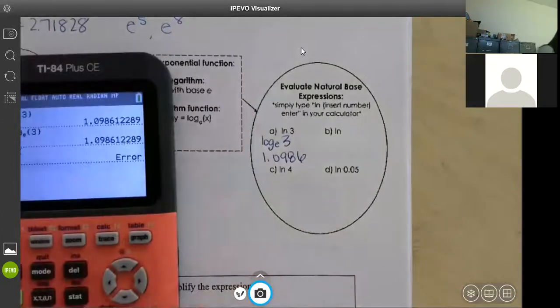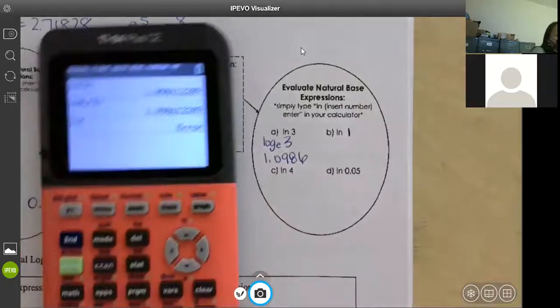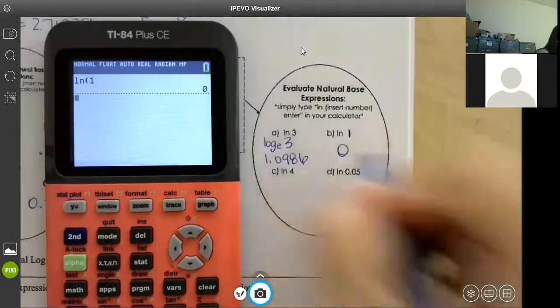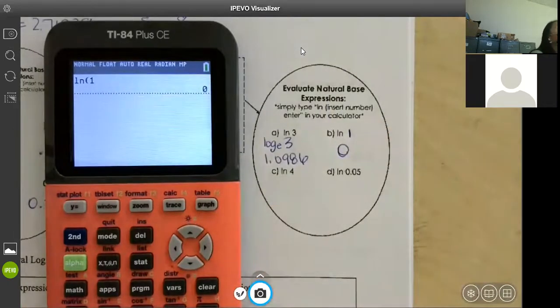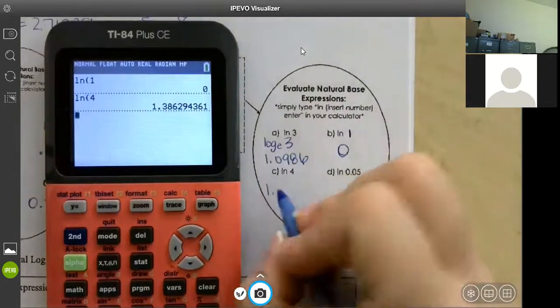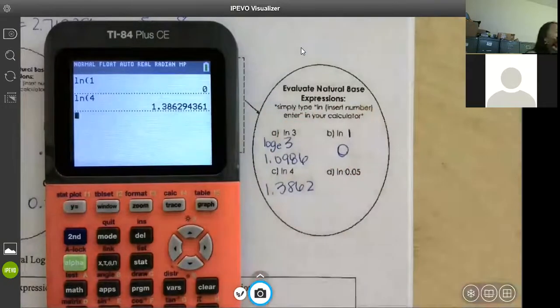All right, so I'm not sure why this doesn't have a number, so we're going to put it in as 1. And we see that ln 1 gives us 0. All right, ln 4, 1.3862, or I would take 1.3863.